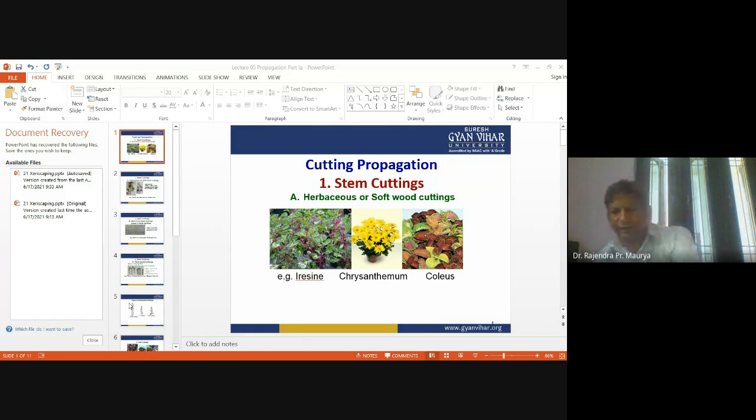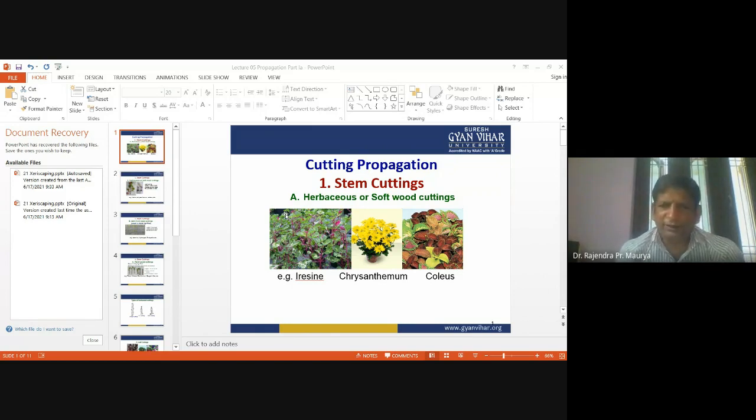In this one, for the alternate leaved plant, you can see in the first diagram on the left side, it's only a single leaf at the base, and here this one is the axillary node. Around 1 centimeter above the axillary bud and 2 centimeter below the axillary bud, we have to make the cut.